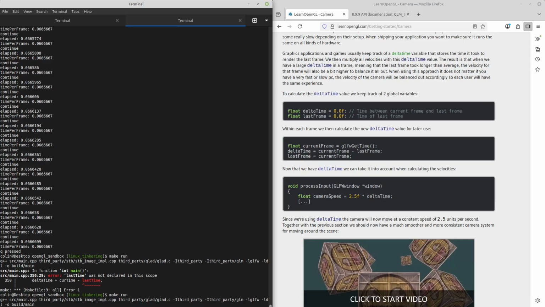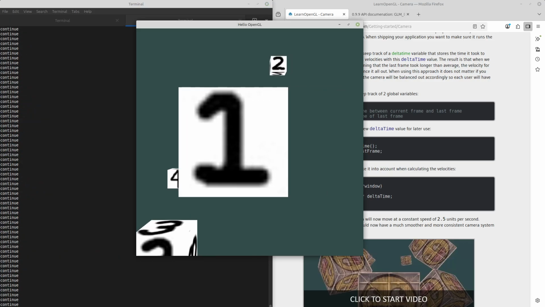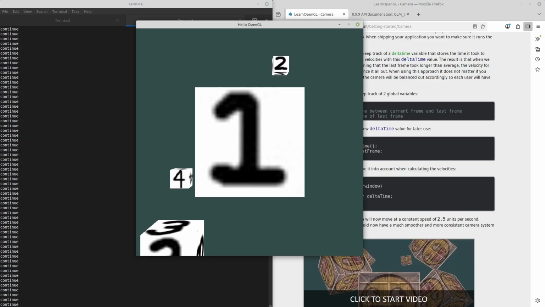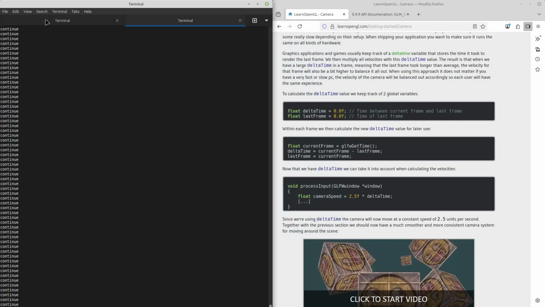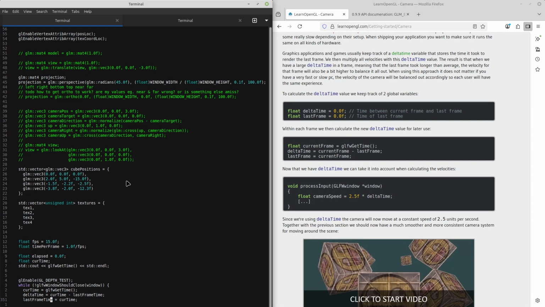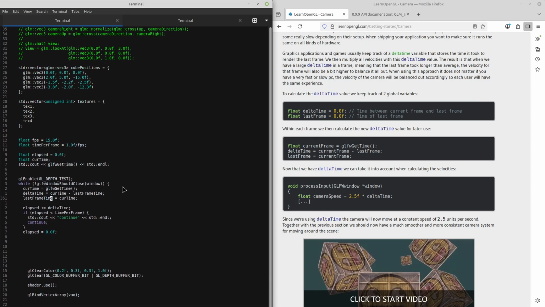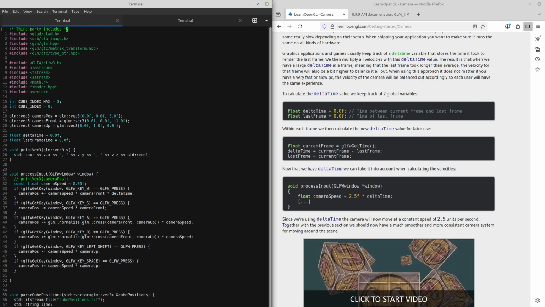Well, I don't know if that'll even work. So we're moving super slow. Okay, W is actually not doing anything at all. Oh, we're just doing camera speed, I guess. I guess that's fair. I was doing the math wrong.